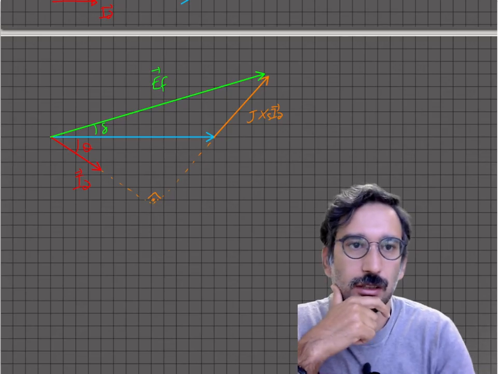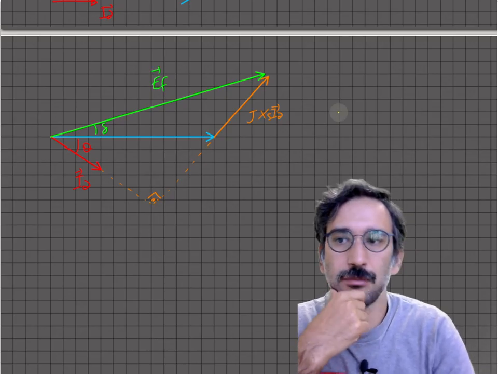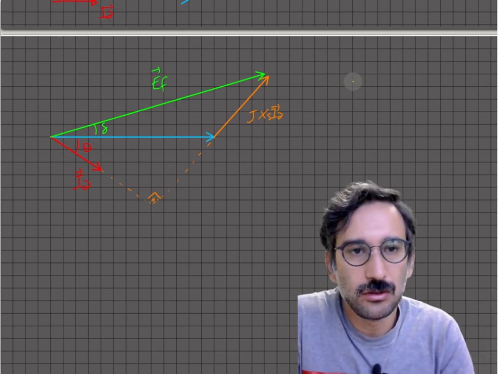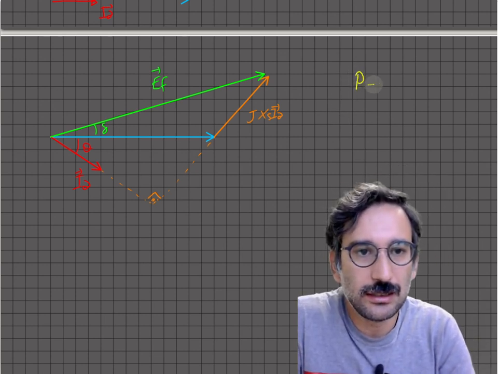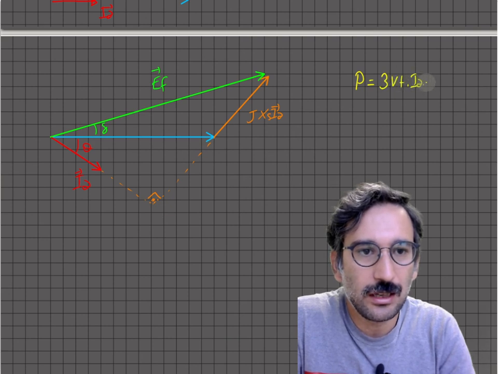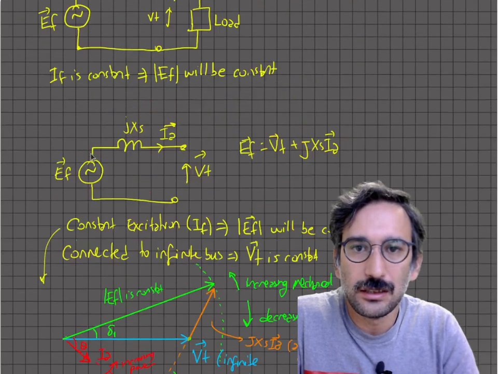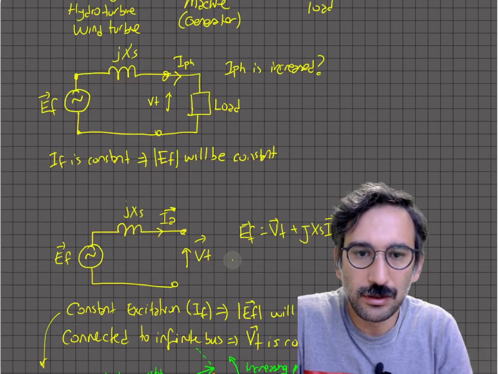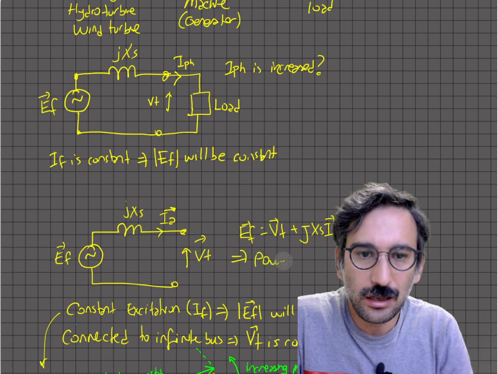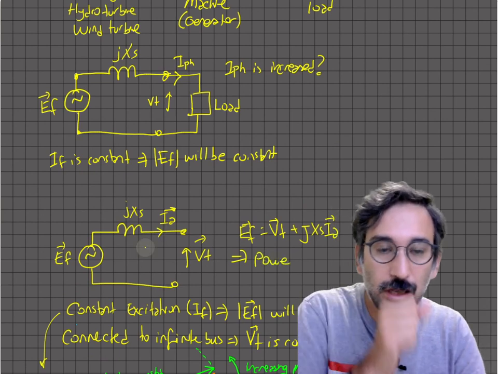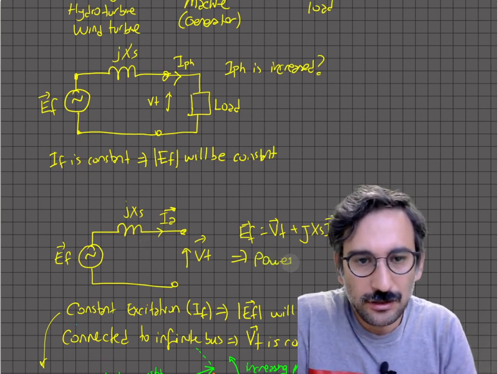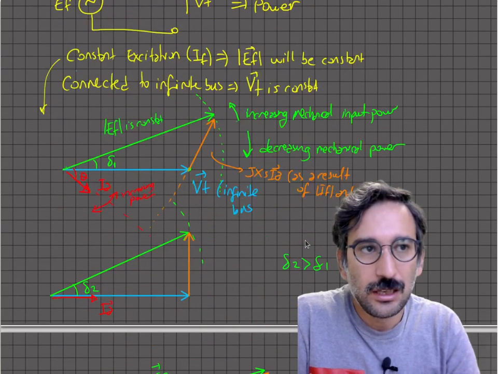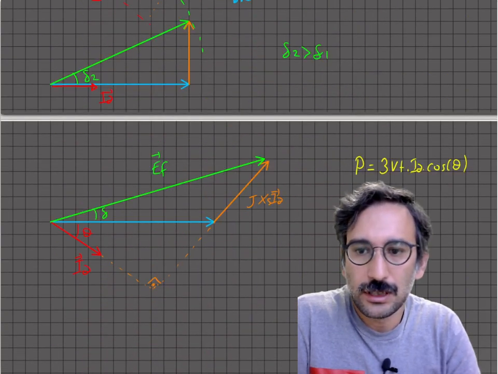So okay, here I draw the same phasor diagram. What we already said is it is Vt times Ia times cos theta. So that is the power coming out of the turbine, out of the generator. It is 3 times Vt times Ia cos theta.